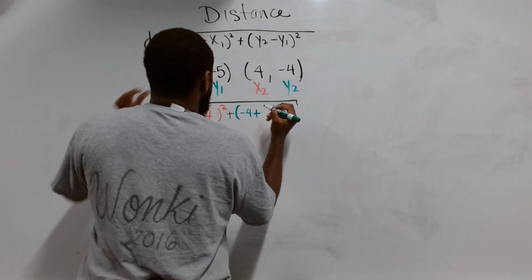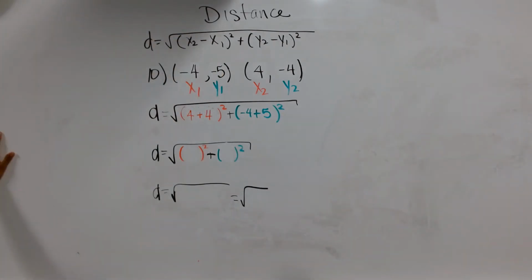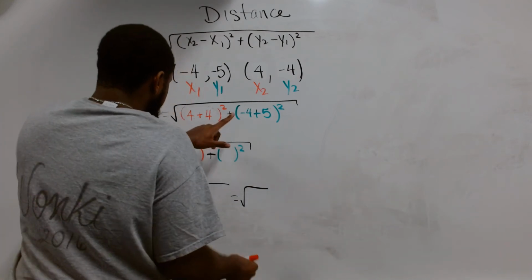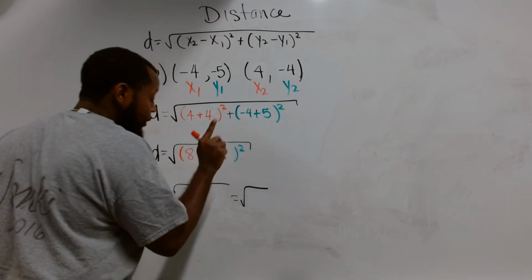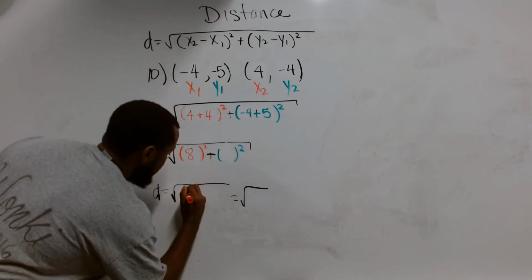Negative 4 plus 5. Time to keep moving. Choo-choo. 4 plus 4 is 8. And from our other problem, we know 8 times 8 gives us 64.